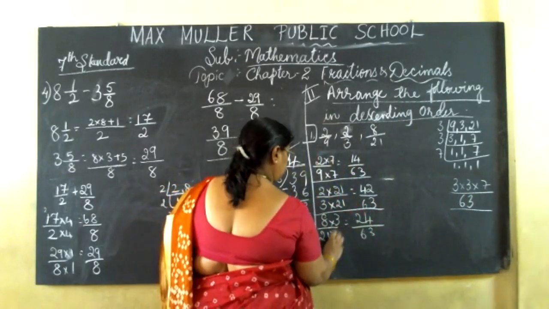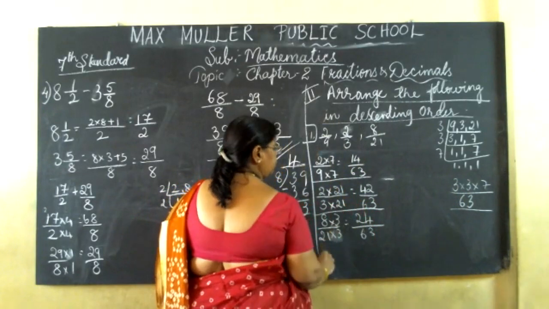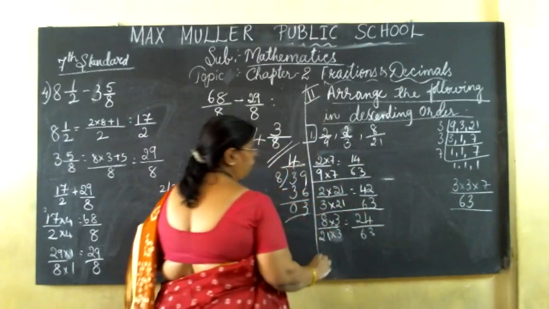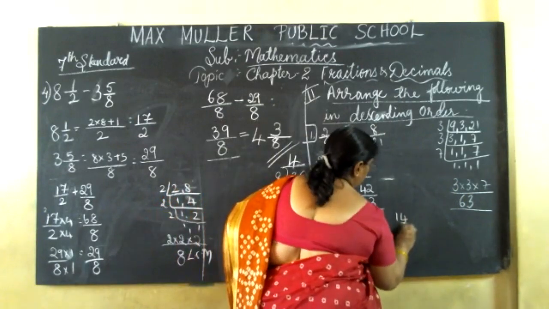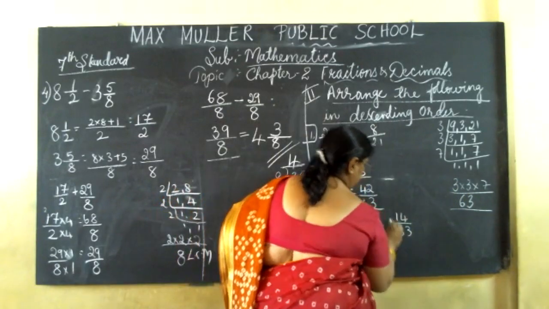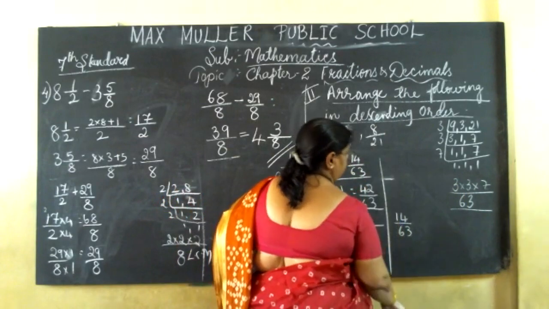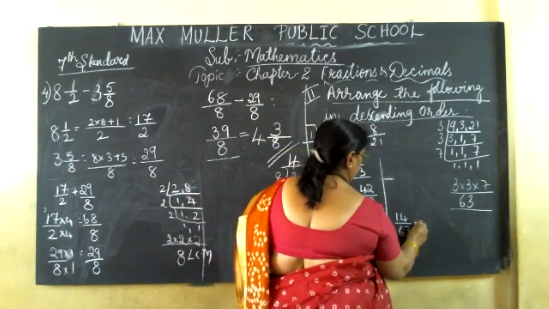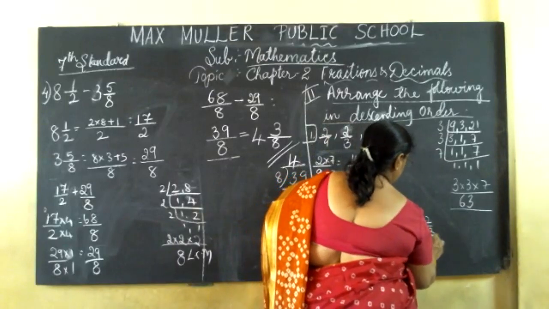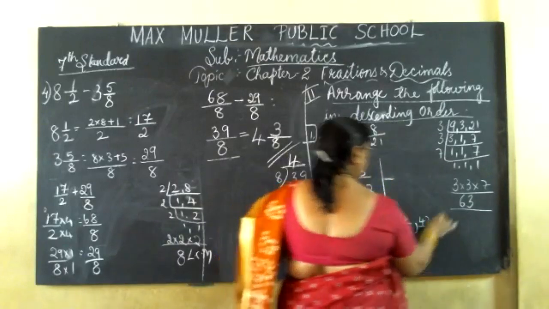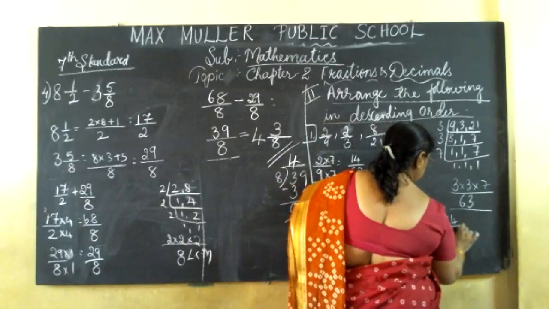Multiplication into 3. Okay, now you arrange first 14 by 63, then 42 by 63, then 24 by 63.